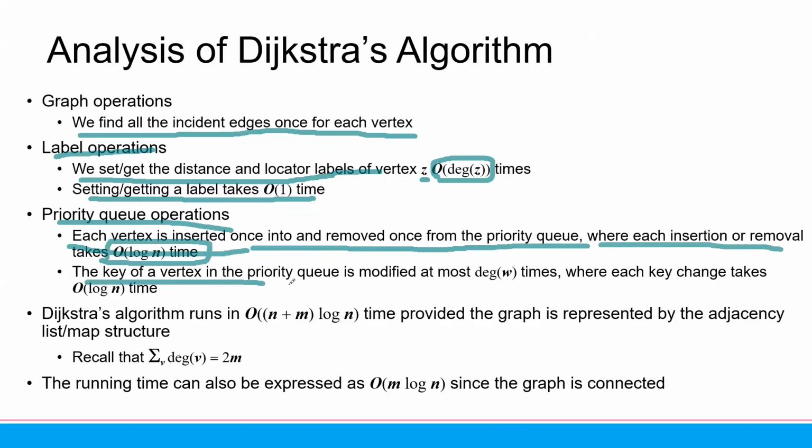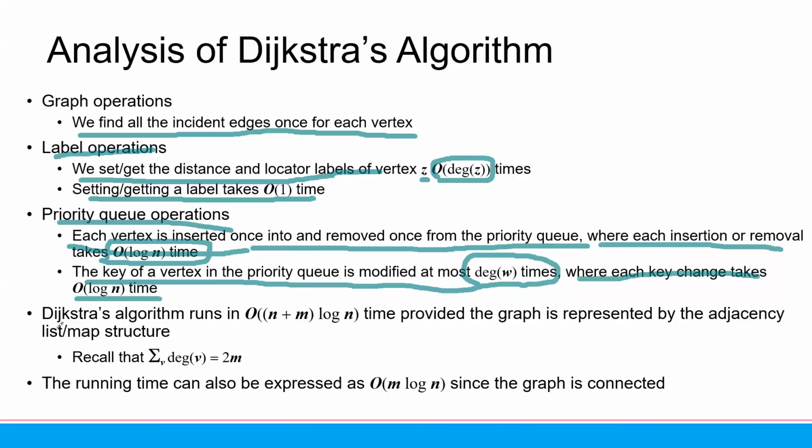The key of a vertex in the priority queue is modified at most the degree of w times. So the degree of w depends on the vertex. If it is all connected, maybe it will be longer. But if it is not all connected, then the worst case will be log n, where each key change takes O(log n) time.